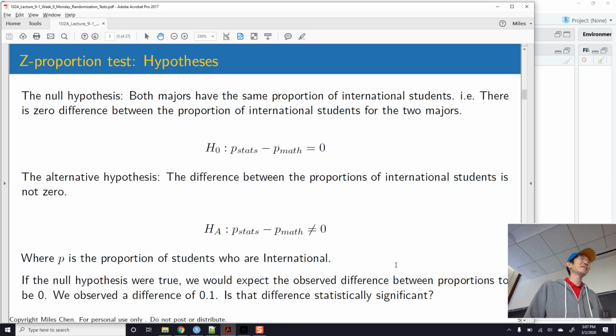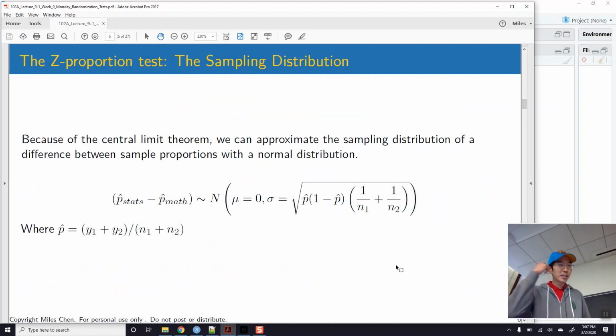No? Maybe? Well, we'll do some math. Because of the central limit theorem, we can approximate the sampling distribution of a difference between sample proportions with a normal distribution.